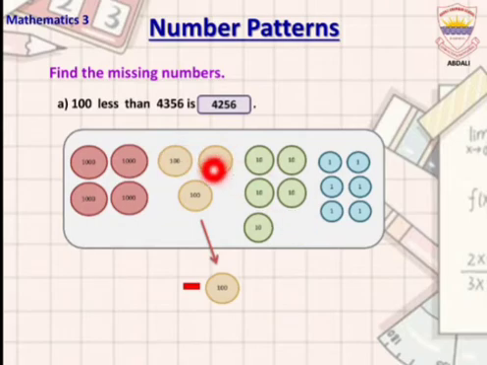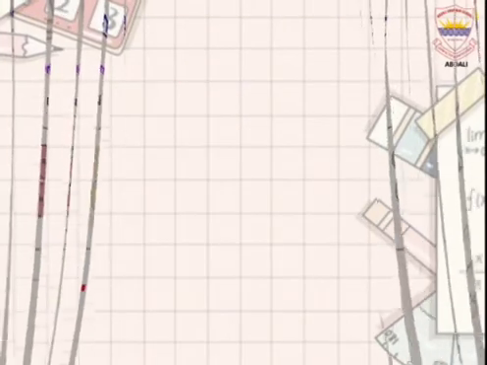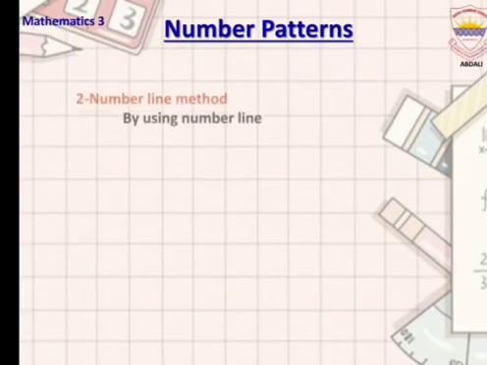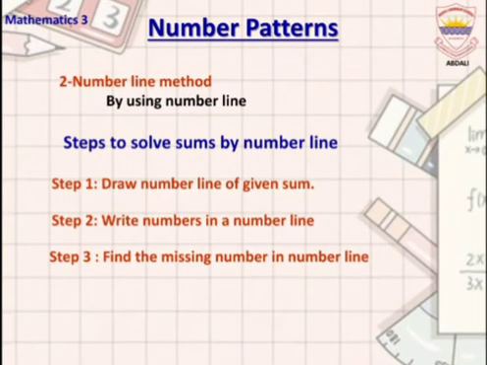The remaining number disks are 2. 100 less than 4356 is 4256.